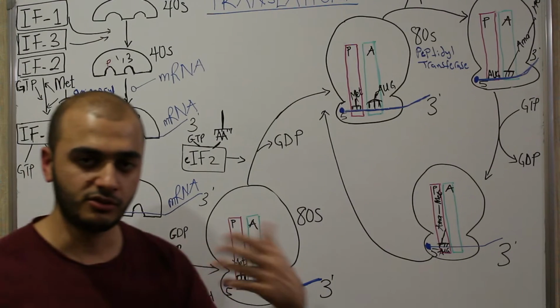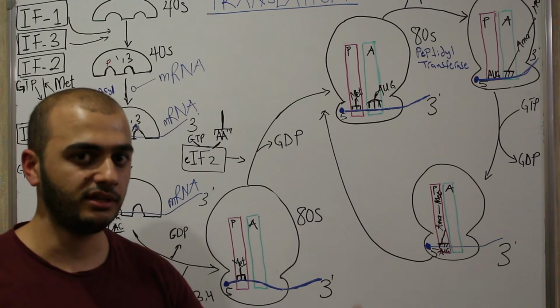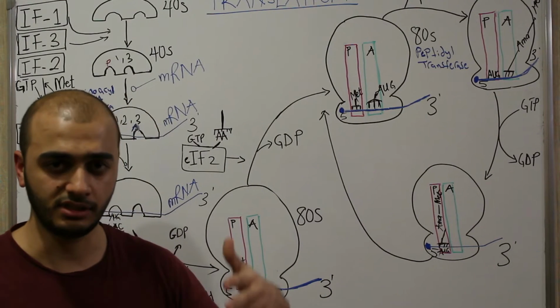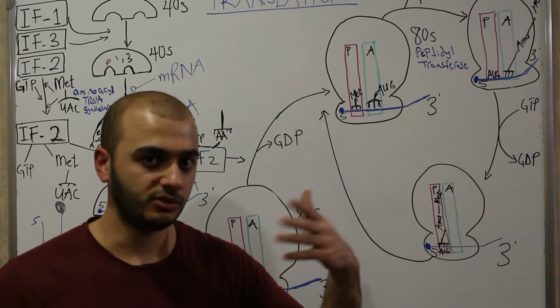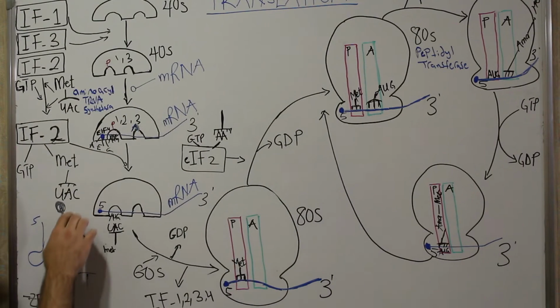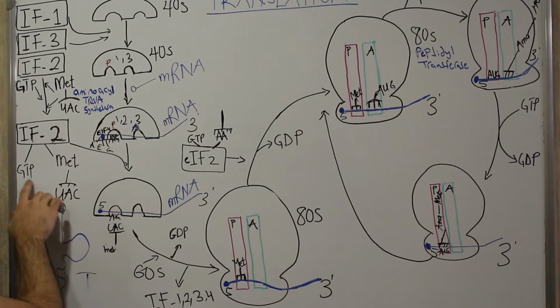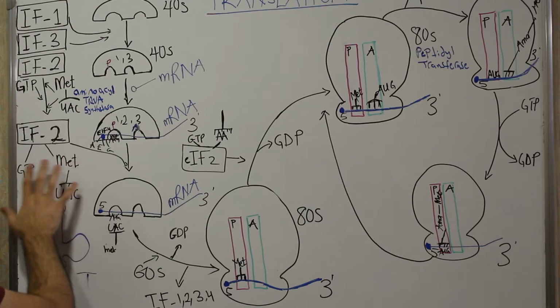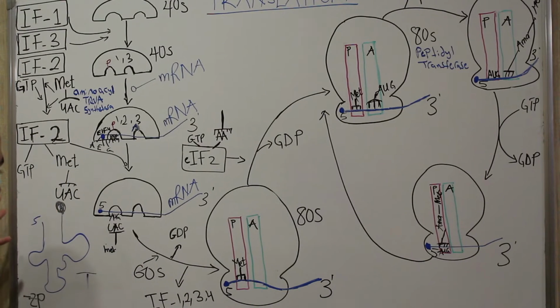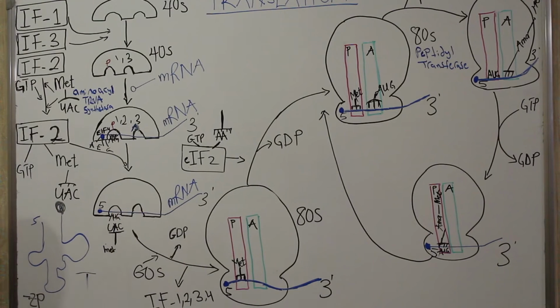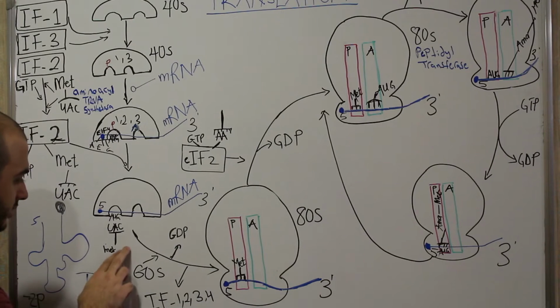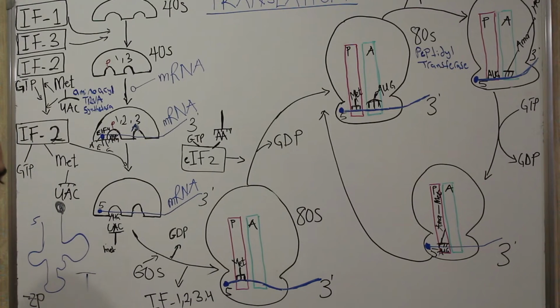When the amino acid is associated with tRNA, we call it aminoacyl tRNA. If it's methionine, for example, we call it methionine tRNA. This complex will be transferred to the small ribosomal unit, and whenever it is transferred, the GTP will be hydrolyzed, releasing energy.